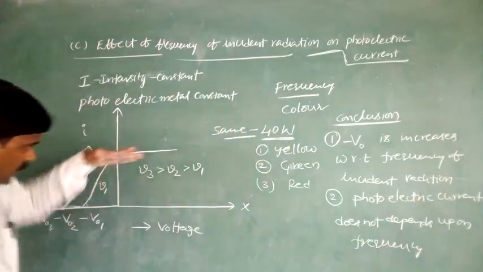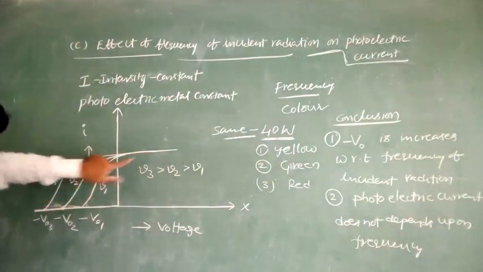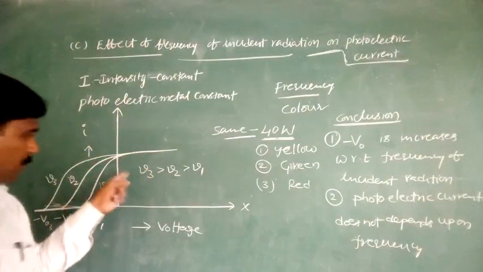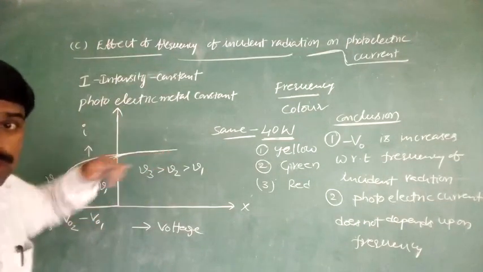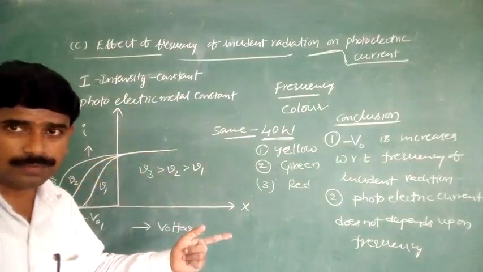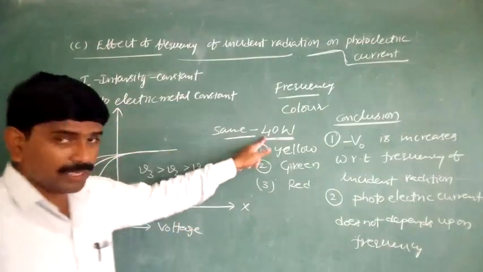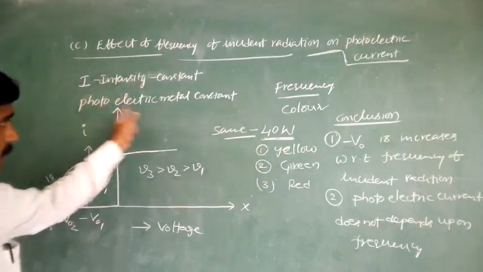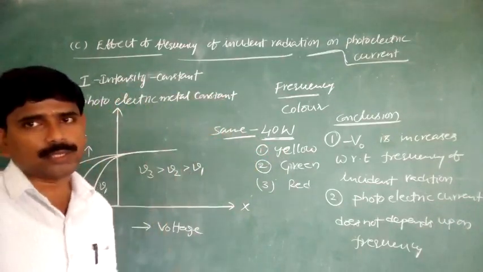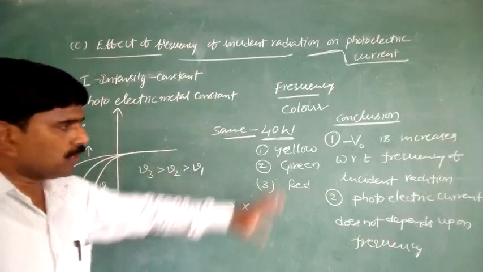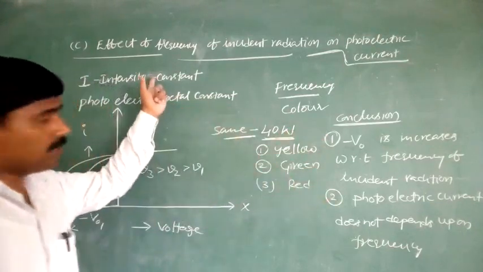Whatever the frequency may be, the saturation current does not depend upon it. All the frequencies have the same saturation current. The intensity is kept constant, and the photoelectric metal surface is also kept constant. So these are the conclusions from the third one.